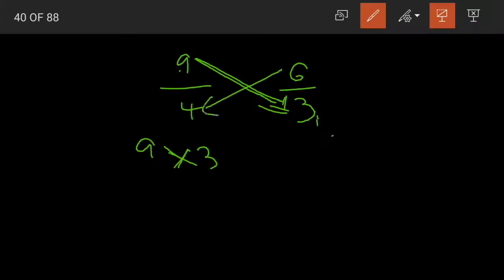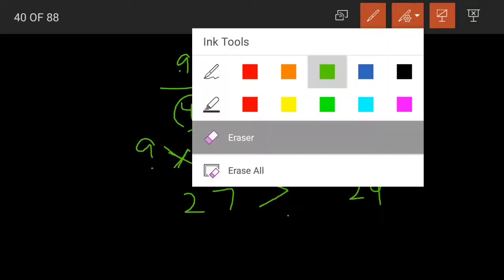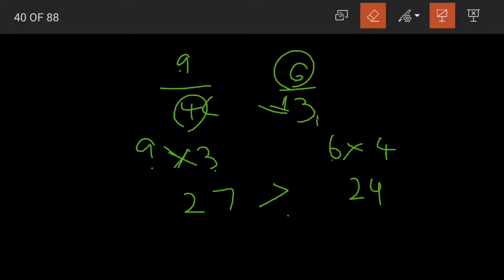Again, the numerator of the second multiplied by the denominator of the first. 9 into 13, 117. 6 into 4, 24. 117 is greater than 24. So the first fraction 9 by 4 is greater than 6 by 13.